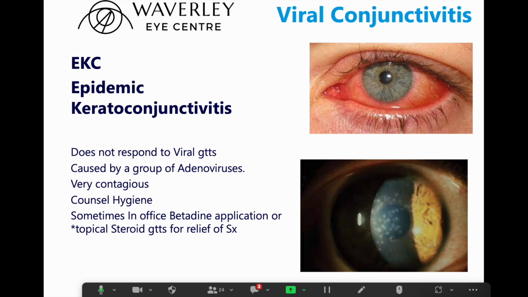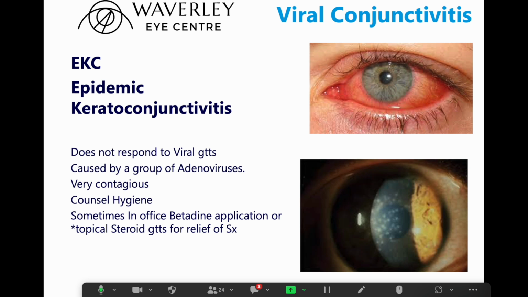What pen did they use? This virus is sitting on any surface, and anyone else touching that can easily spread this to themselves. These generally do not respond to any viral drops, and they're very contagious. And they can involve the cornea.